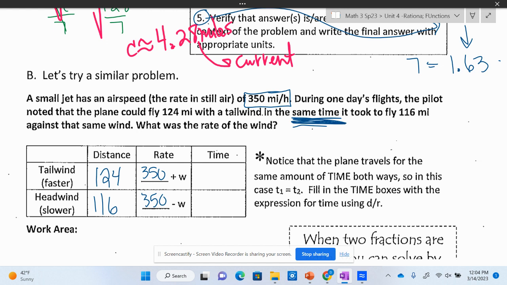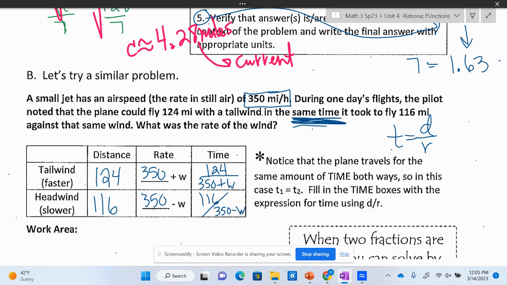So for the time boxes, we're just going to set it up like this. T equals, remember, D divided by R. So in this box, we're going to put what D divided by R is. Well, D, 124, divided by 350 plus W. And in the second trip with the headwind, our distance, 116, divided by 350 minus W. So what do we know about both those equations?